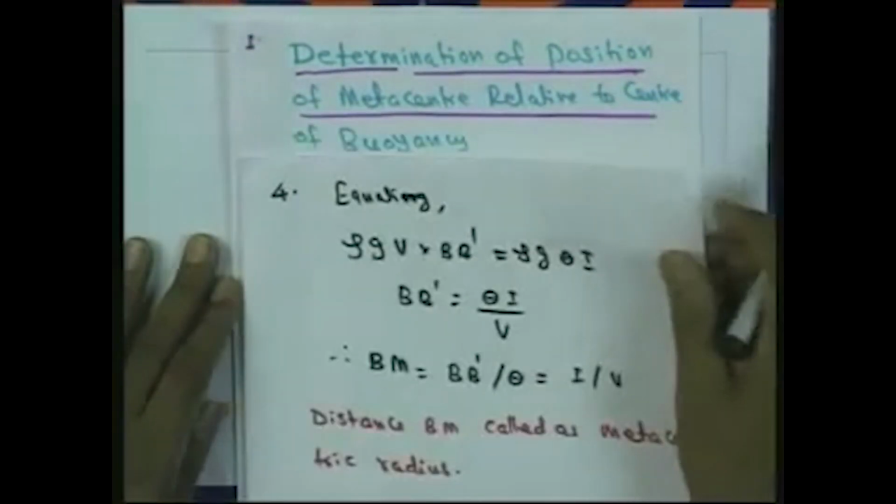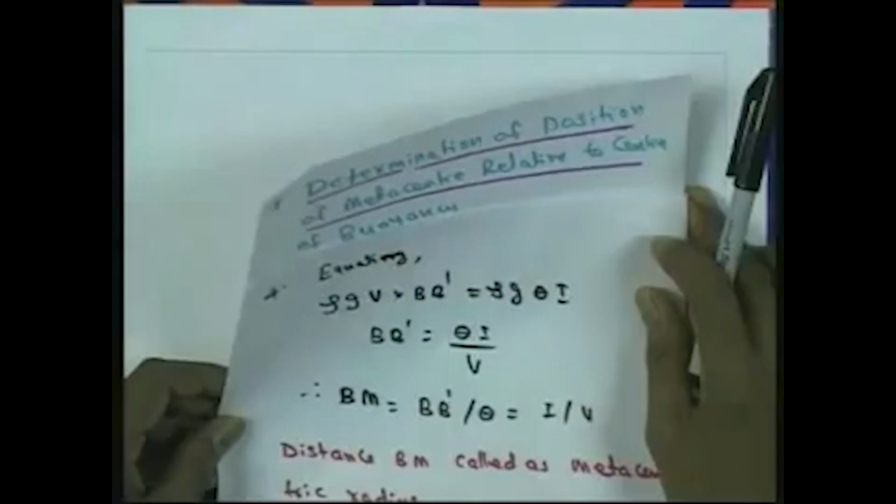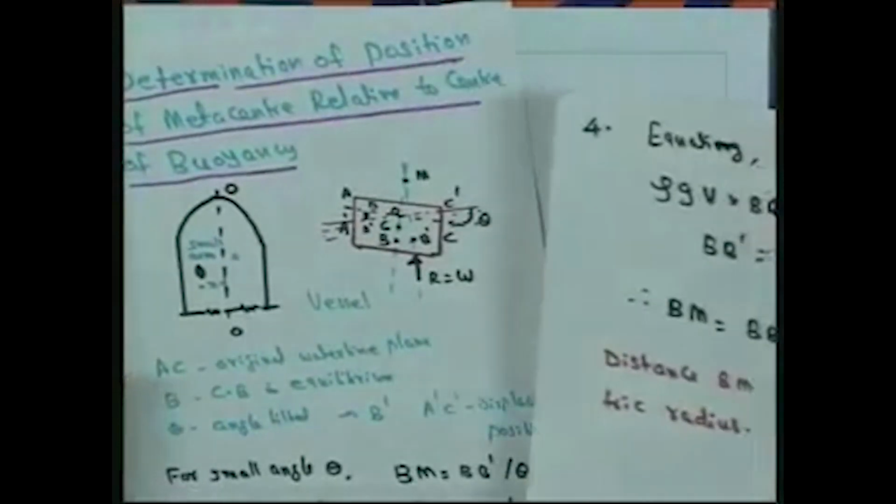That is called the metacentric radius. Like this we can determine the position of metacenter relative to the center of buoyancy. Now with respect to buoyancy and the metacenter which we have discussed, we will discuss one more numerical example.